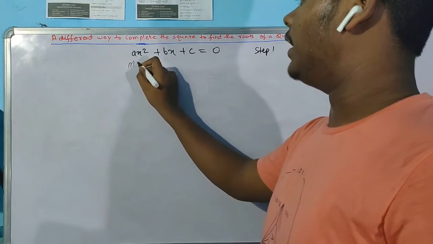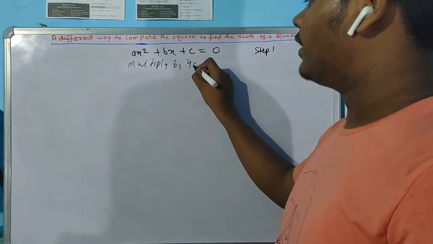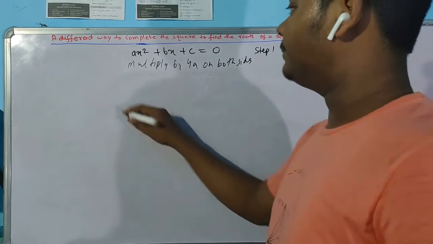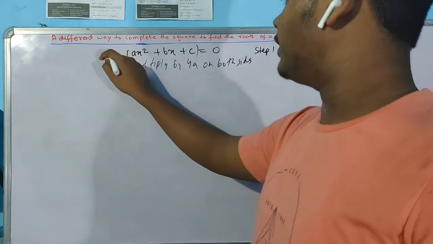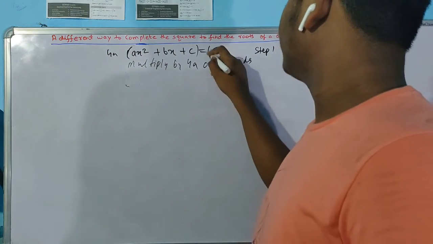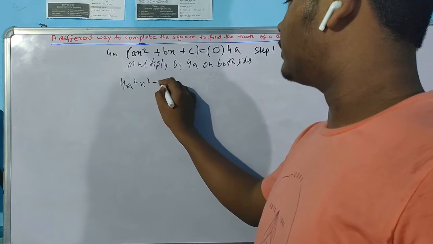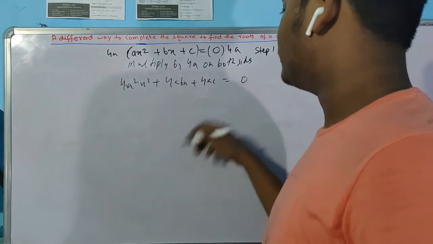We will multiply by 4a on both sides. So this will be 4a square x square plus 4ab x plus 4ac is equal to 0.